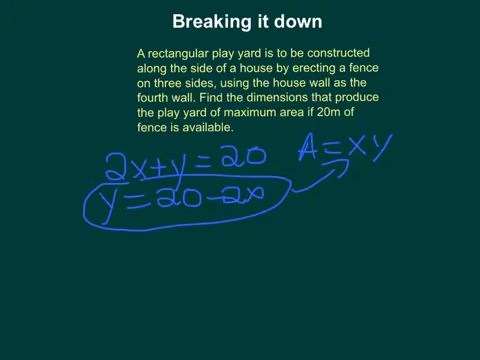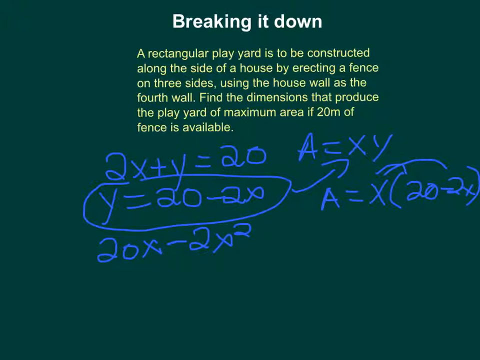So now you have area equals x times 20 minus 2x. This is a simple step, just substitute, and it's done. From there, you want to distribute the x. So x times 20 is 20x. x times negative 2x is negative 2x squared.